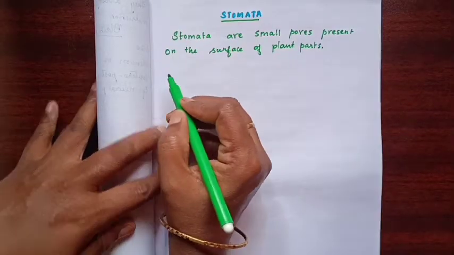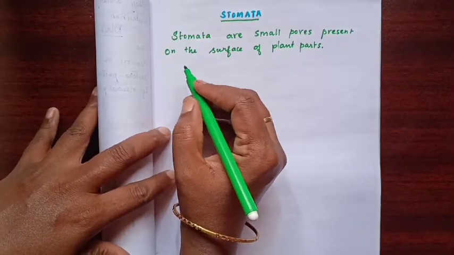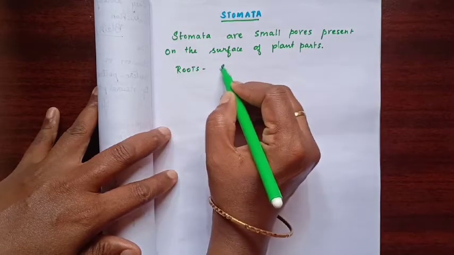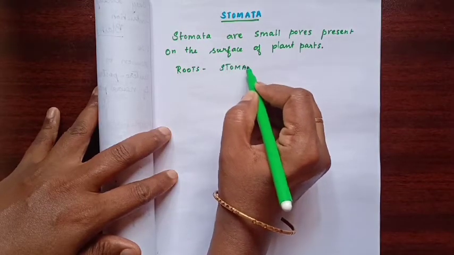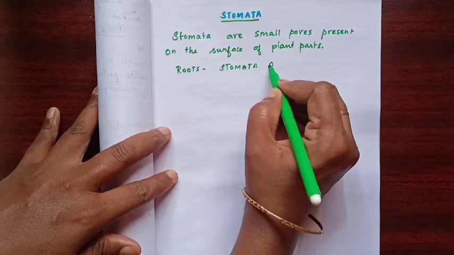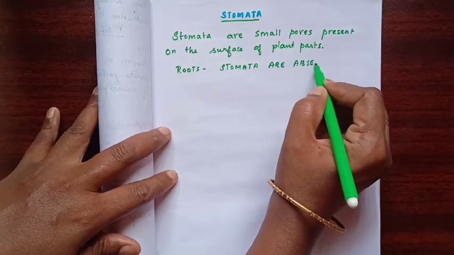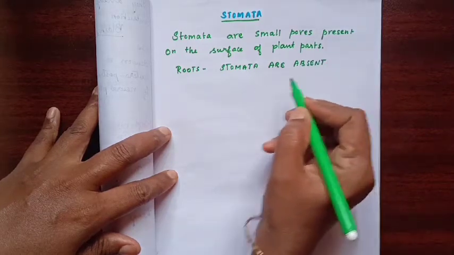Almost in all the parts, stomata are present except root. So, in roots, stomata are absent.